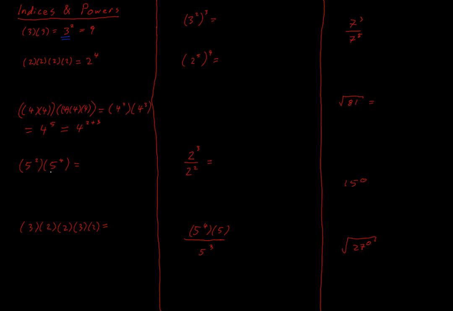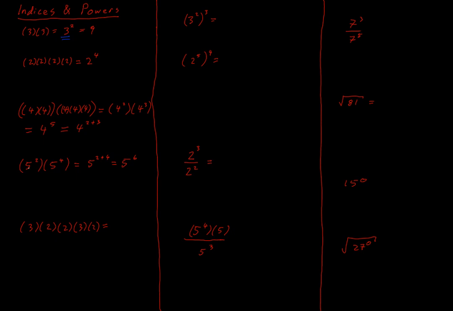So let's use this rule here. I have 5 to the power of 2 multiplied by 5 to the power of 4. I'm multiplying just like in the last situation. So I end up with 5 to the power of 2 plus 4. I end up with 5 to the power of 6.